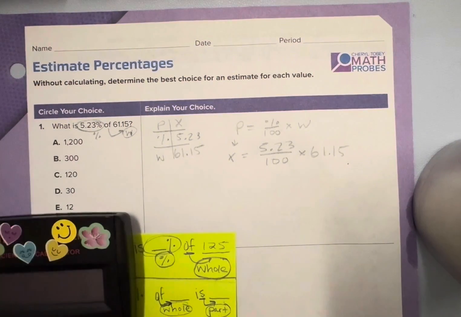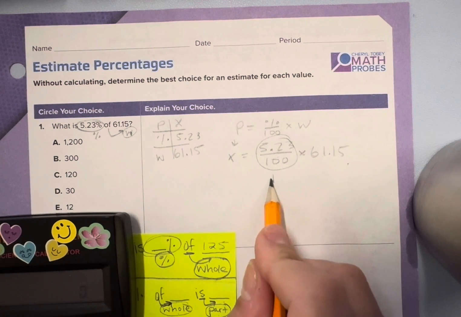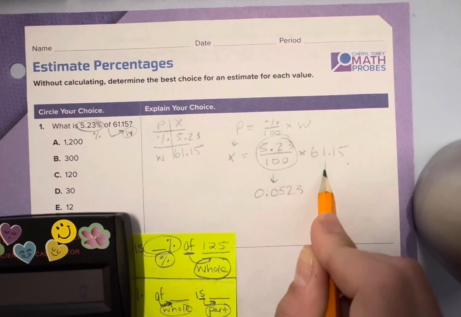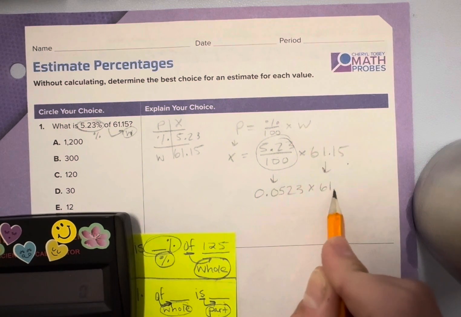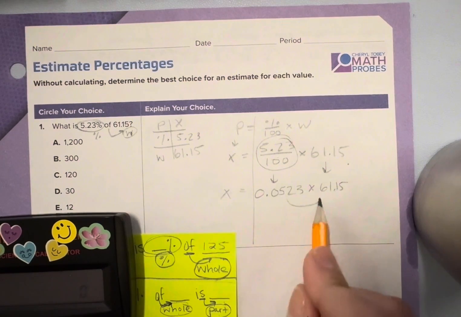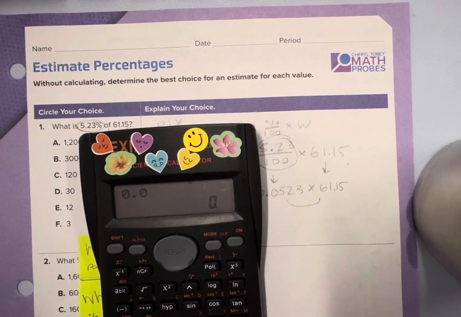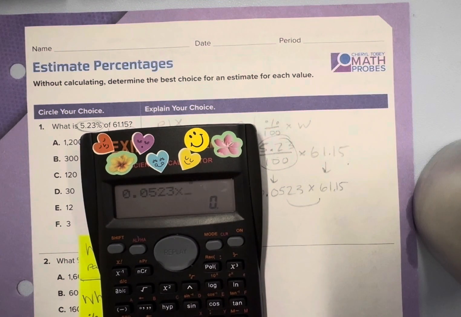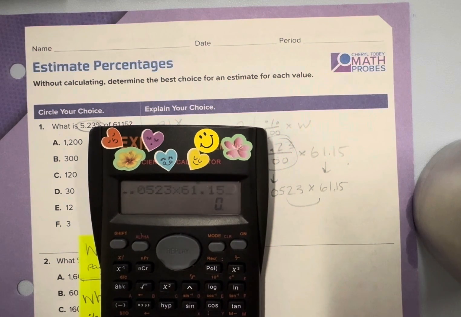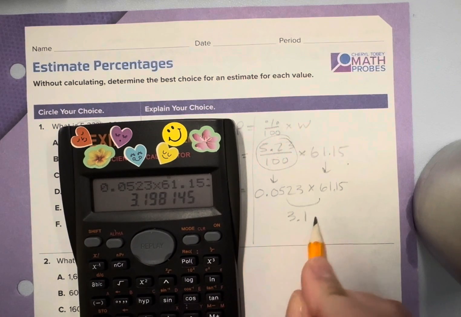So my first step here, divide 5.23 by 100. That'll be 0.0523. Bring down times 61.15. Here I just multiply. 0.0523 times 61.15 equals 3.198.